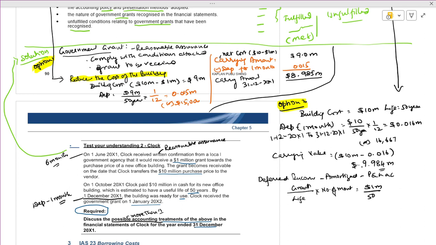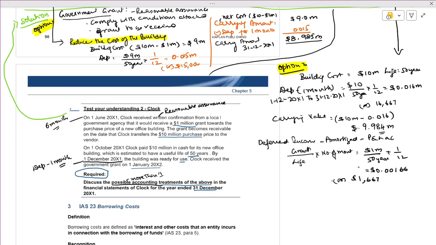Okay, 50 years, times 1/12. It will come to 1 divided by 50 divided by 12. It comes to 0.00166, or 1,667. This much amount should be recorded in the profit and loss account.